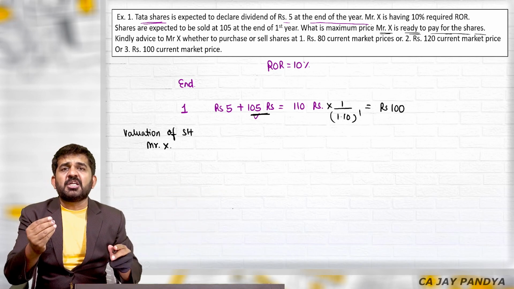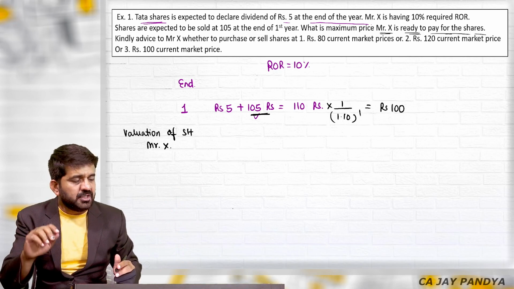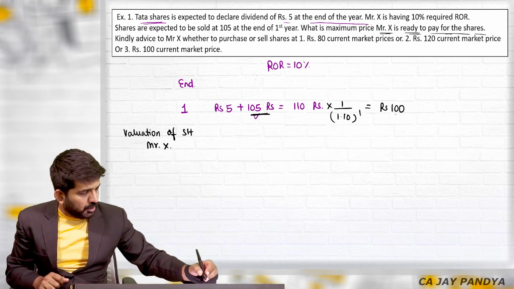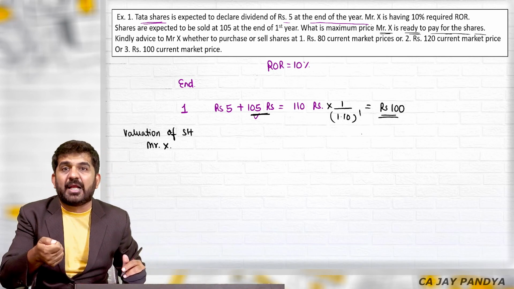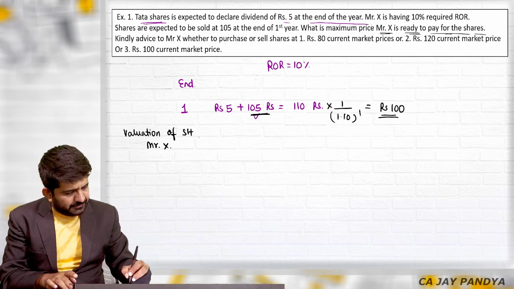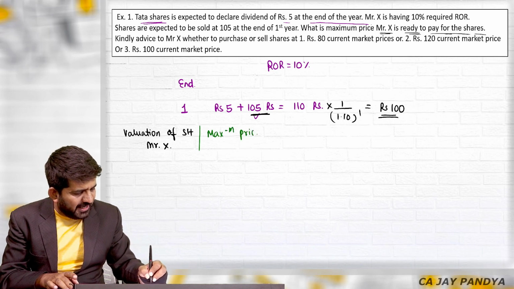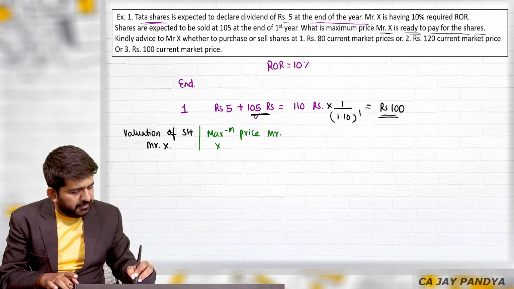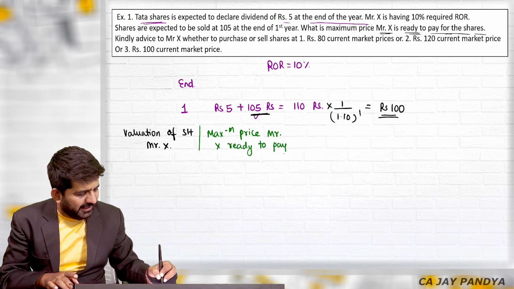But by touching the jeans and seeing the company, I think the jeans is worth rupees 2000. Then that 2000 is my valuation for finance. It is Mr. X's valuation for finance. Also, it is the maximum price Mr. X is ready to pay.